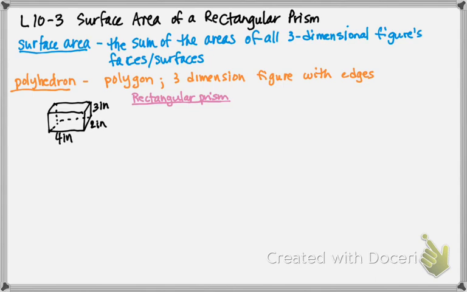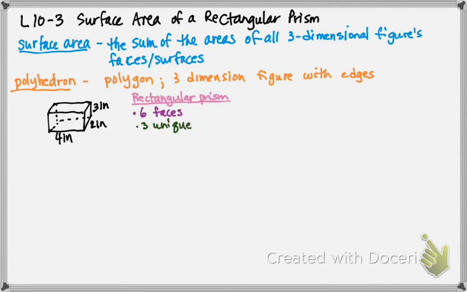But what makes a rectangular prism even more interesting is that all of the surfaces are rectangles, okay? So how many surfaces does a rectangular prism have? Well, it has 6 faces. Now, faces is just a short way of saying surfaces. Surfaces, get it?